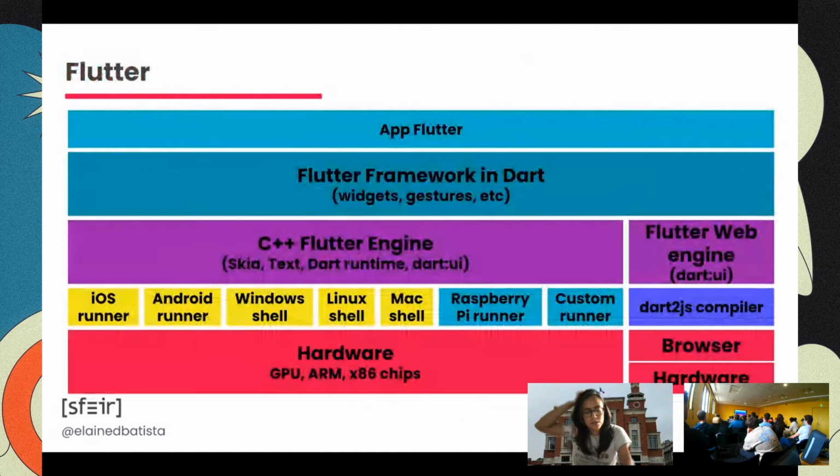Really quickly, some generalities about Flutter for those here who don't know how the framework is built, on a very high level. What is really interesting for me is that the whole framework is shared across a lot of targets.